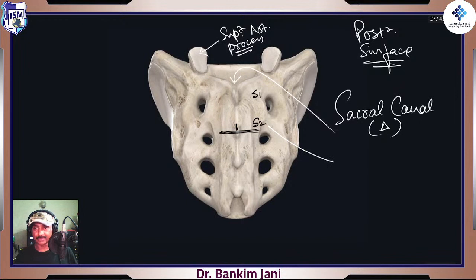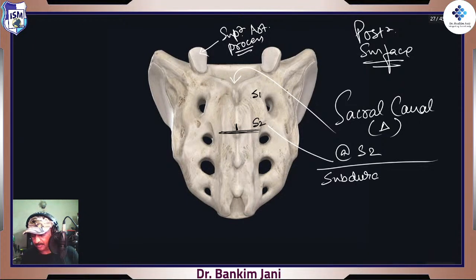what really happens is that at S2, the subdural and subarachnoid spaces end at this level, right? So now the lower sacral nerves pierce the dura and arachnoid and then they go. This is very important, right?